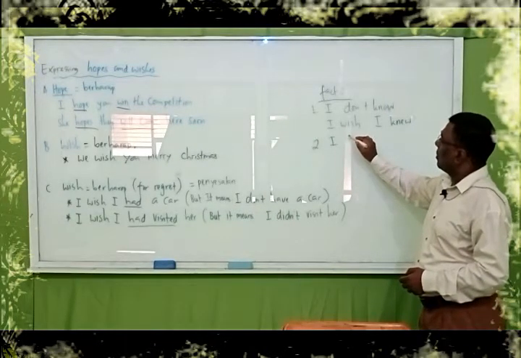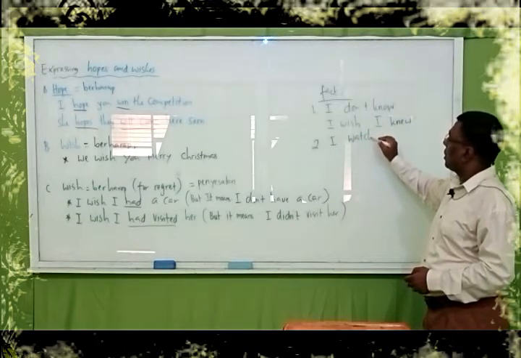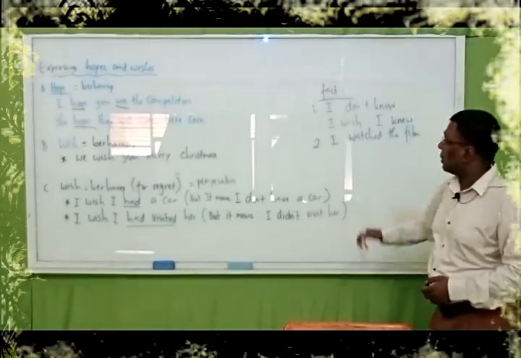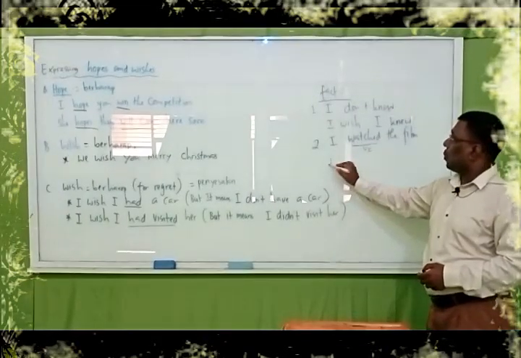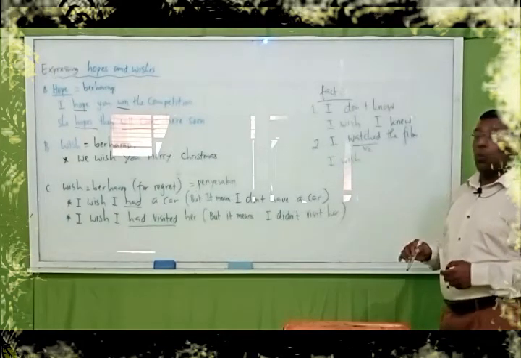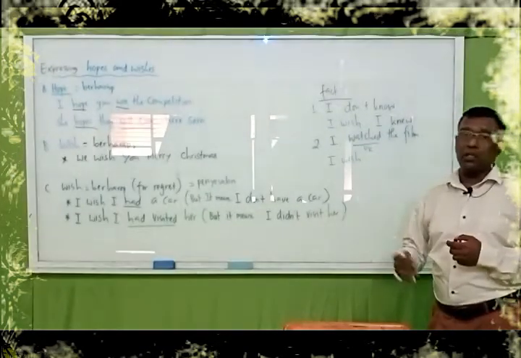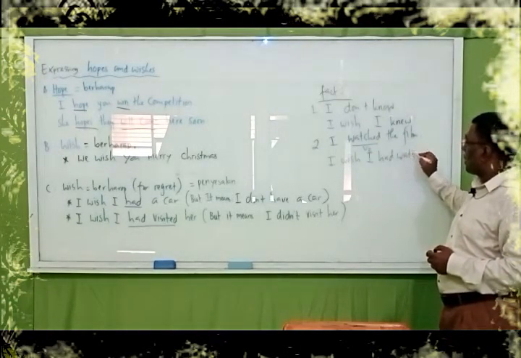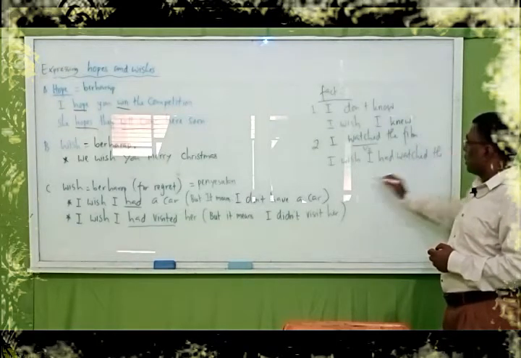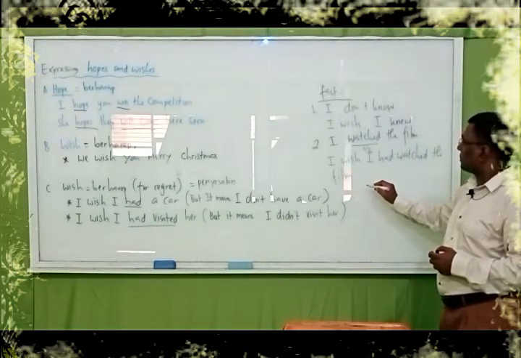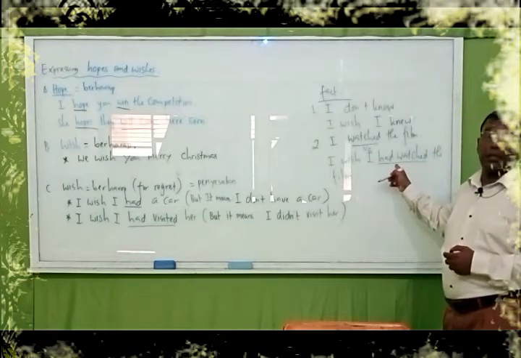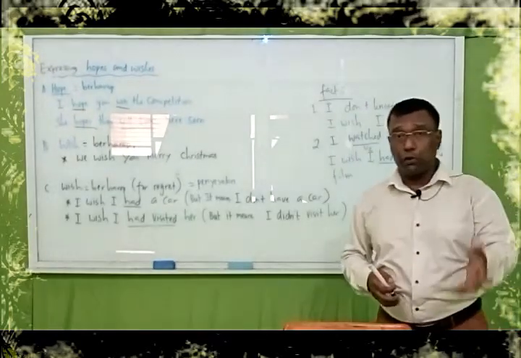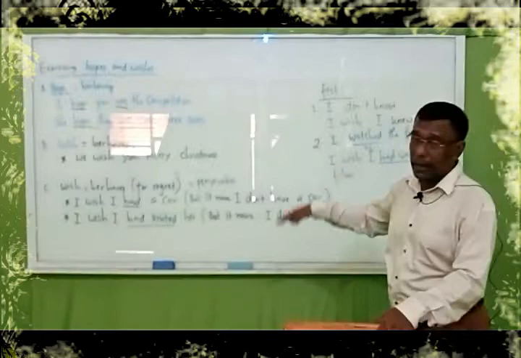The second example: I watch the film, it's verb 2 now. When we want to say the regret or imaginary sentence, I wish I had watched the film. Look at this: we use past perfect, had, and then plus verb 3. It means it's not real, it's an unreal thing. That's about regret.